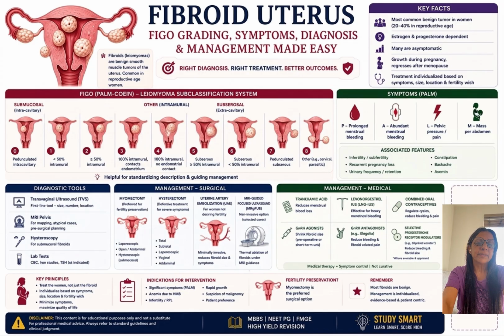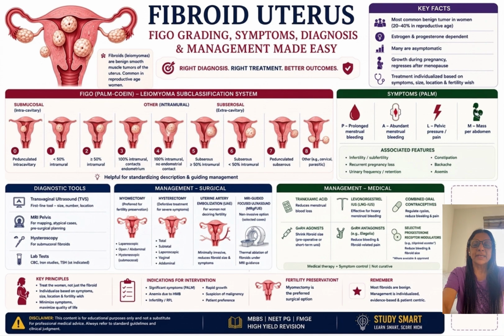Coming to the pharmacotherapeutic management for the fibroid, it is with drugs like tranexamic acid, which helps in stabilizing the blood clot. Then GnRH agonist and antagonist that help reduce the level of estrogen and shrink the fibroid. Then combined oral contraceptive pills also help in stabilizing the endometrium by thinning the endometrium.